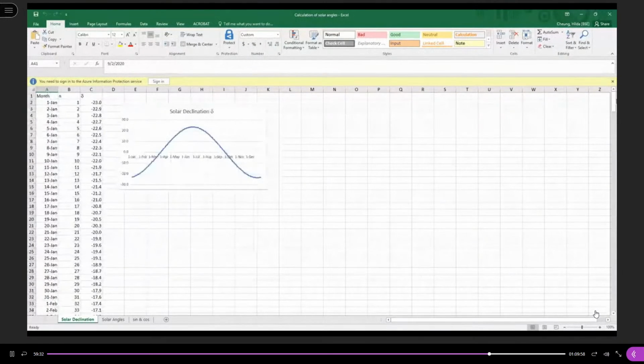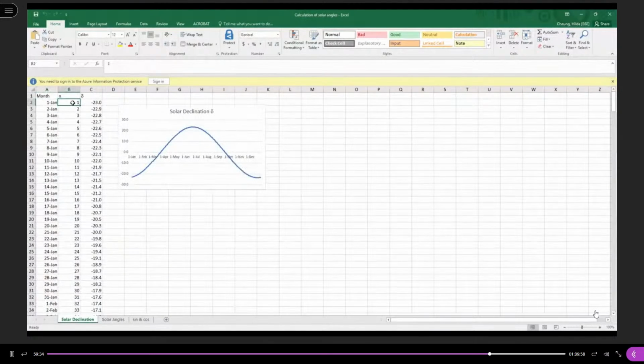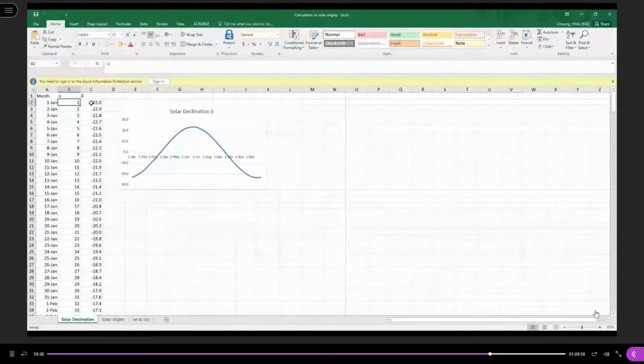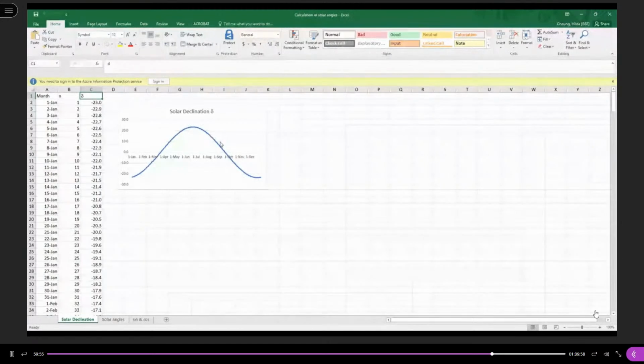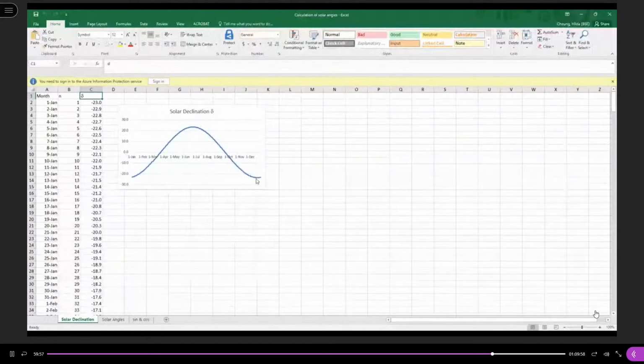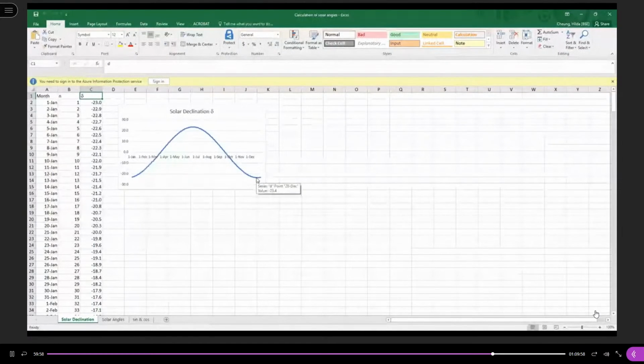And these are the day numbers, okay, from 1 to 365, and I use the calculations in the tutorial notes to calculate the solar declination. Okay, so on December 21st or 22nd, the winter solstice, we have the smallest value of solar declination, the most negative value, negative 23.45 degrees.